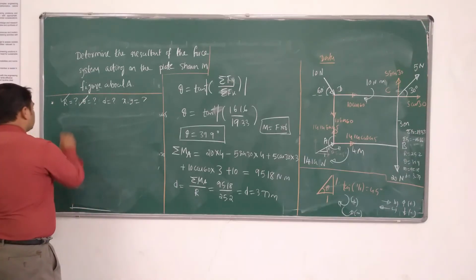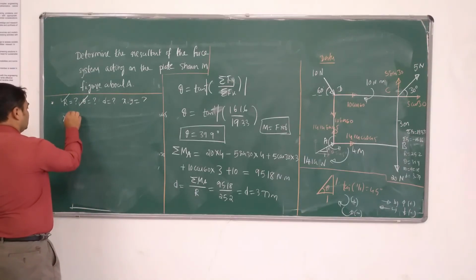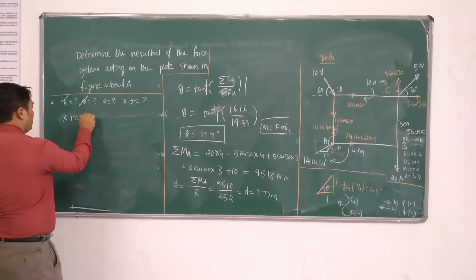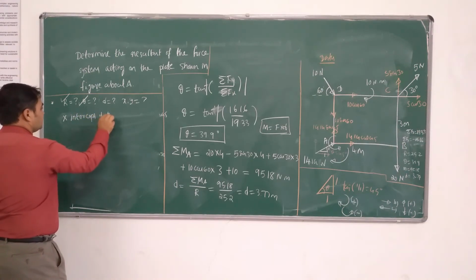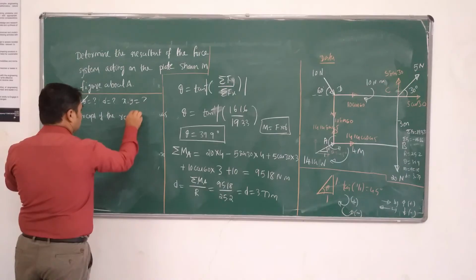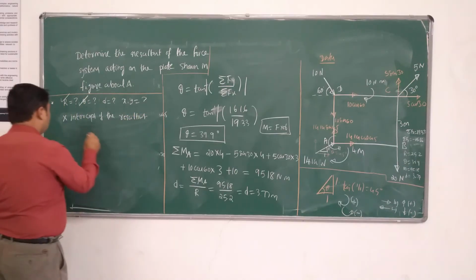So now the x intercept of the resultant can be calculated.